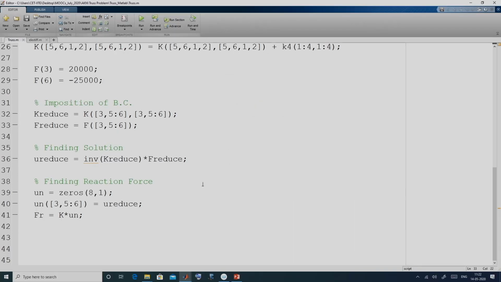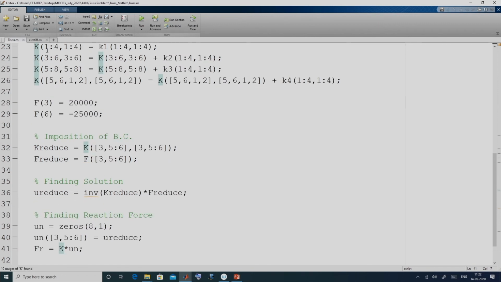If you see in the MATLAB code, here first I make that global displacement vector 8 cross 1, then we do K times UN, where K is your 8 cross 8 global stiffness matrix, to get this Fr, that is the reaction force.